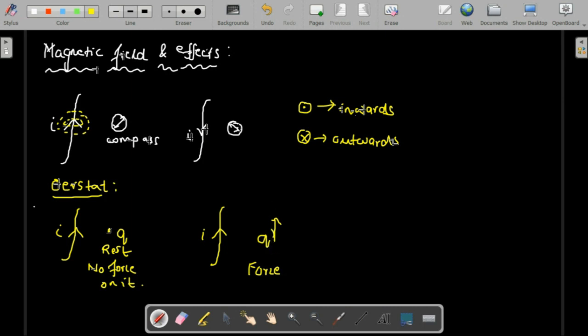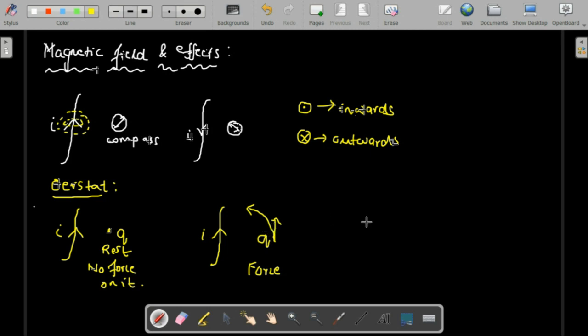The charge actually gets deflected, maybe towards or away, depending on the direction of the current. That means whenever there is a moving charge, the current carrying wire will have an effect on it, and there will be a force. Due to some force, the charge is getting deflected.